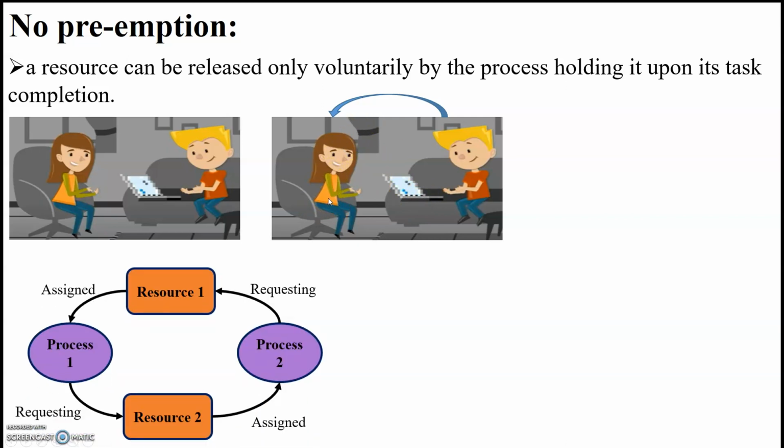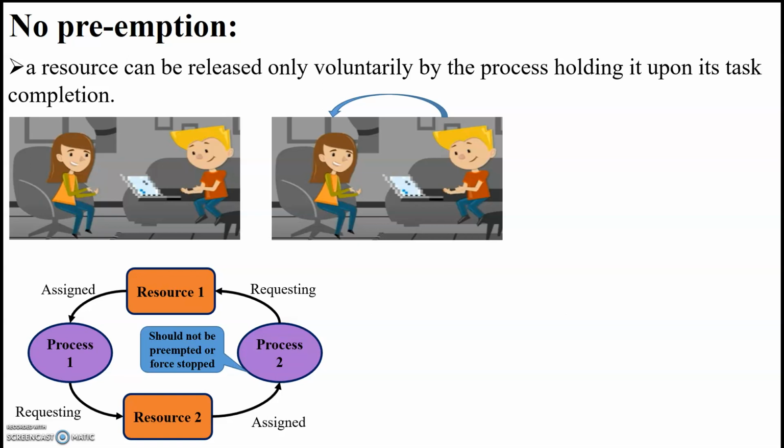So here see again, resource 1 is assigned to process P1 and it is requesting R2 which is already allocated to P2, and P2 is waiting for resource 1 which is allocated to P1. Now here P2 should not be preempted or forcefully stopped. It should voluntarily say that now I want to release the resource and now some other process can take over it.